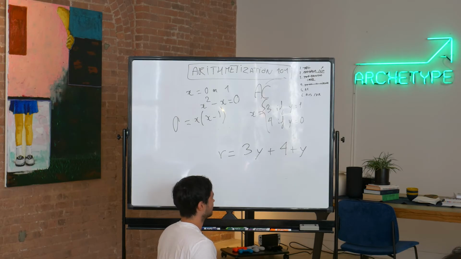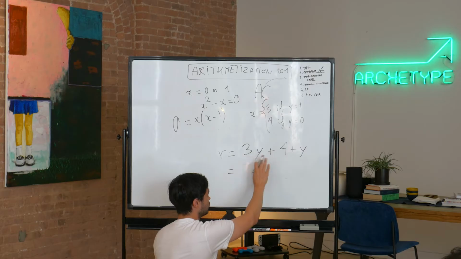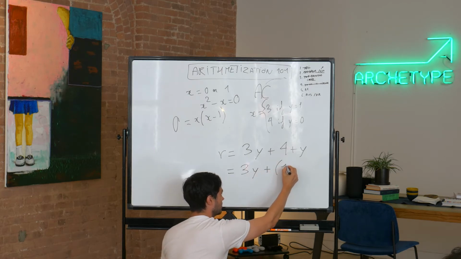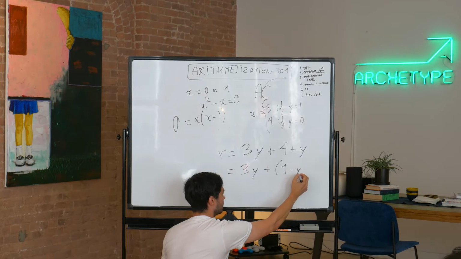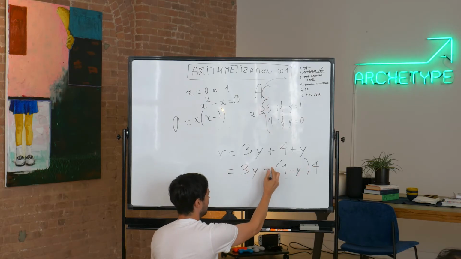Points for effort. All right, wait, if y is 1, you want 3 here, indeed. So I think that part is correct. Plus, what is it? 1 minus y times 4. Is this correct? Yeah.